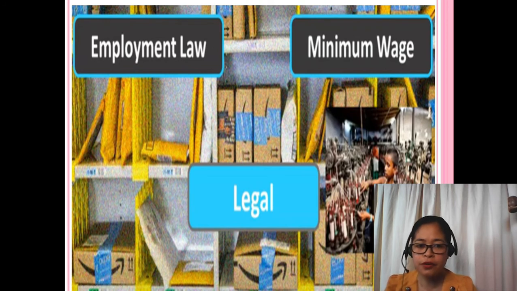Okay, so we have here the employment law and the minimum wage law. So even if you're still starting up a business, you have to follow the minimum wage law. So you have to pay your employees exactly what is stated in the law. Okay?